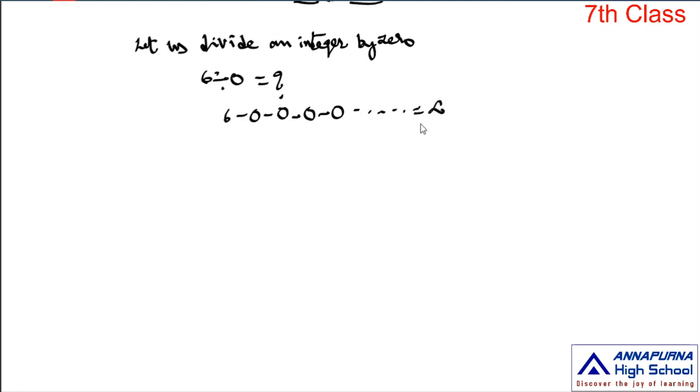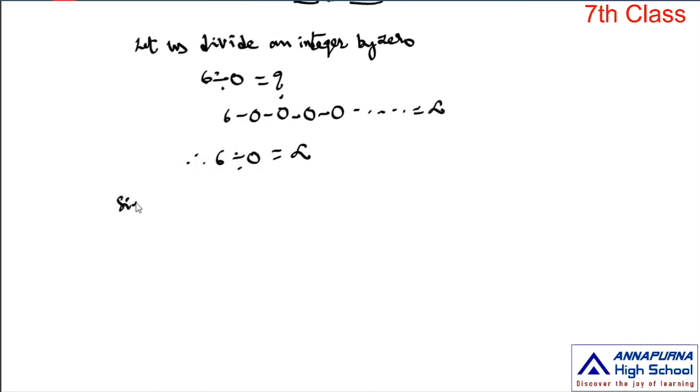Infinite times. 1 time, 2 times, 3 times, 4 times, 5 times, 6 times, and like that we have to keep going forever. So the answer is infinite. Therefore, we can write 6 divided by 0 is equal to infinite.